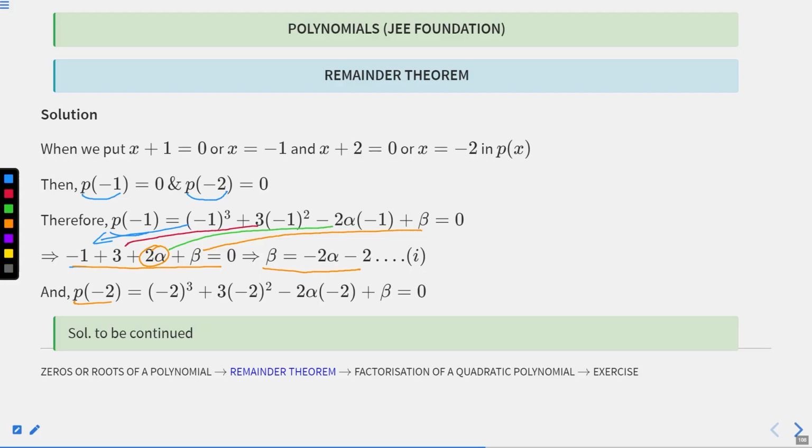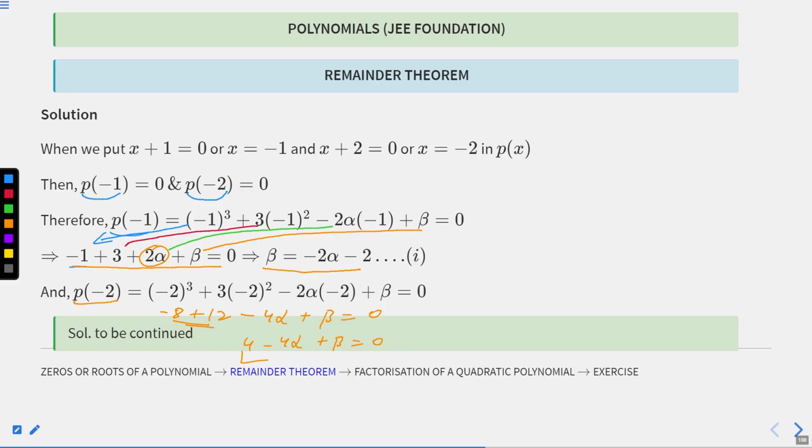Now finding the value for p of minus 2, you will get minus 2 whole cube, which is minus 8, plus 12, because 3 times minus 2 whole square is 3 times 4, which is 12, and this will become 4 alpha plus beta equals 0.